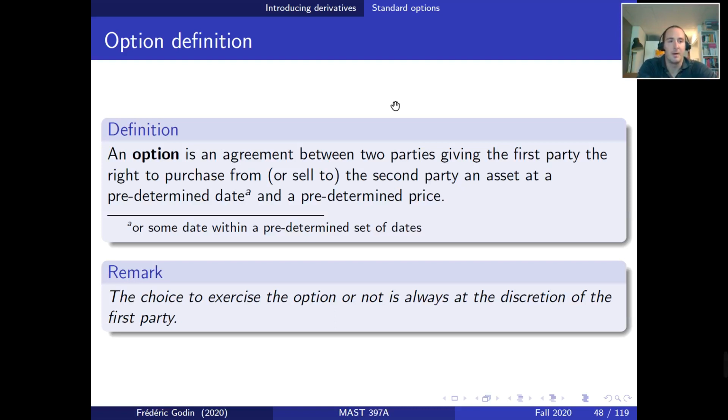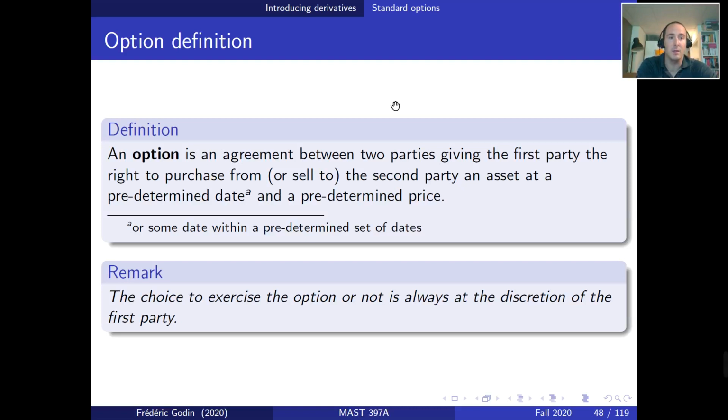Okay, so what is the difference between an option and a forward contract? In a forward contract, the exchange of the underlying asset for the predetermined price is certain to happen at maturity. Both parties are forced to make that transaction. For the option, the exchange of the underlying asset versus the predetermined price, which is the strike, will occur only if the buyer of the option says it will occur.